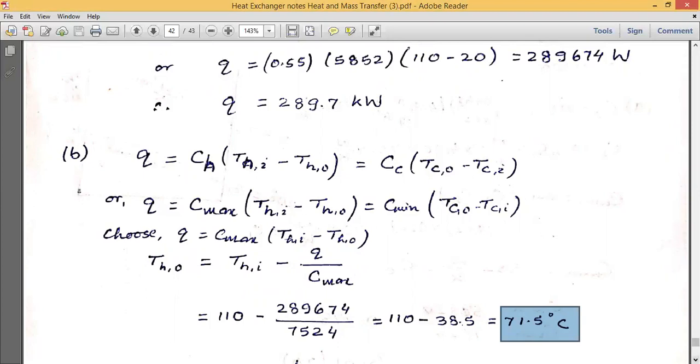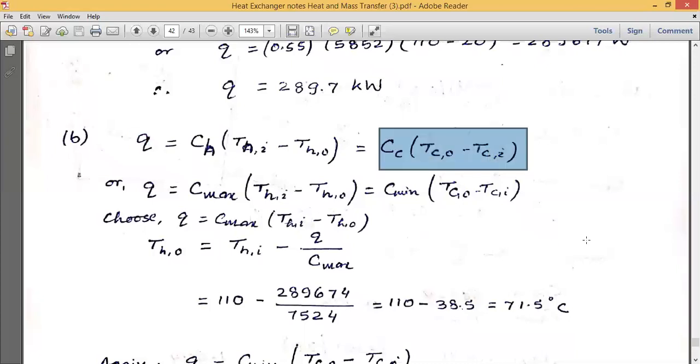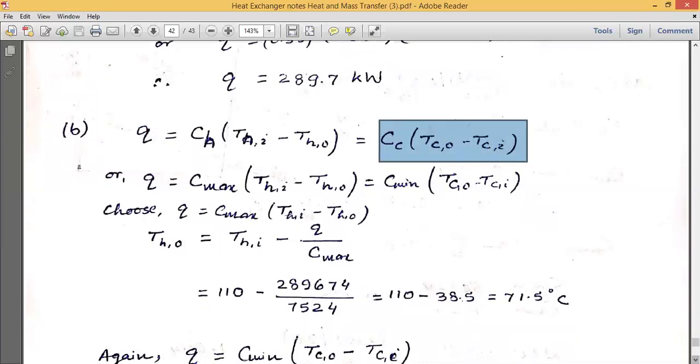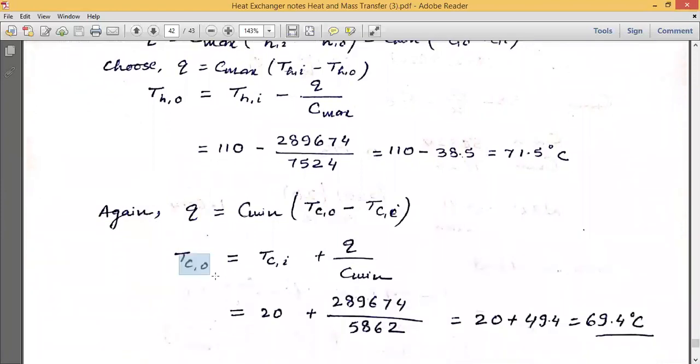In a similar fashion, by considering Q is equal to CC into TC naught minus TCI, we can determine the value of TC naught. So TC naught is equal to TCI plus Q upon C minimum. In this way, we determine the TC naught value as 69.4 degrees centigrade.